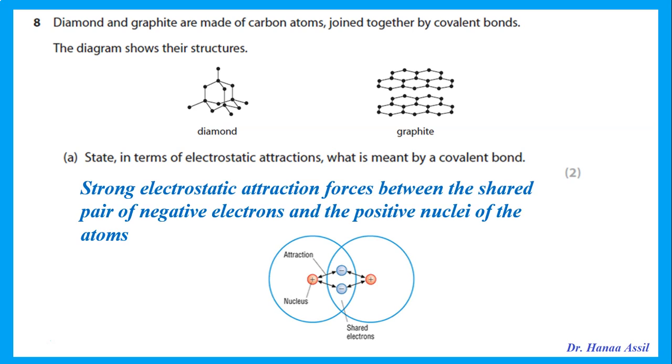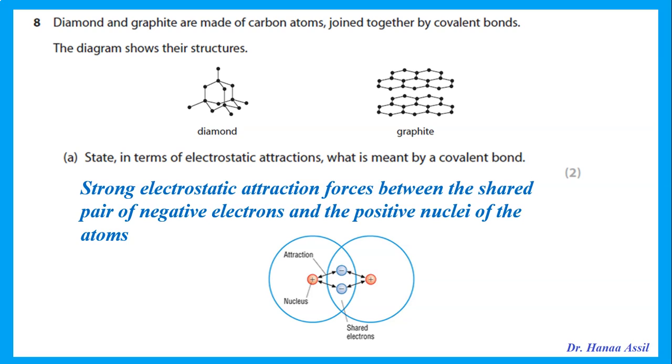A covalent bond is strong electrostatic attraction forces between what? The shared pair of negative electrons, so the electrons that are being shared, and the positive nuclei of the atoms, because I have two atoms sharing these electrons.